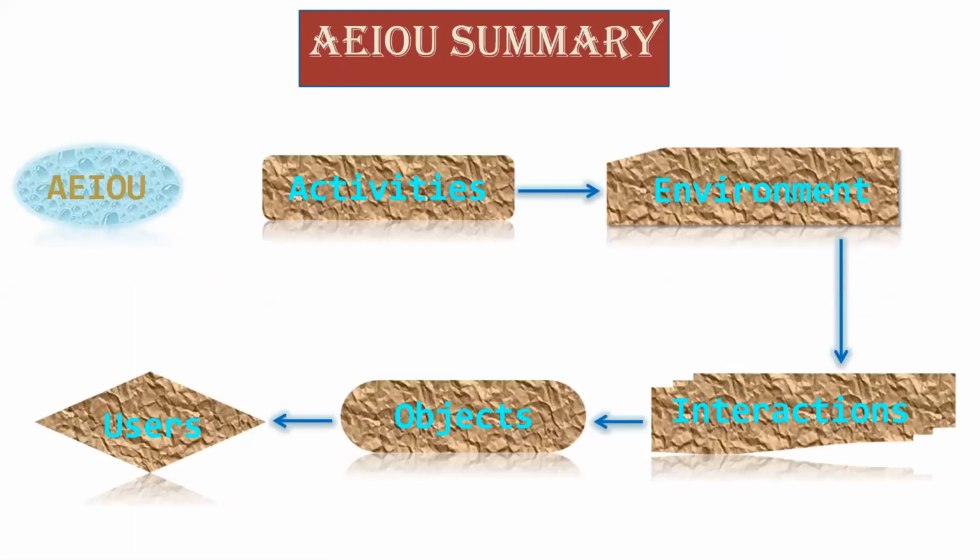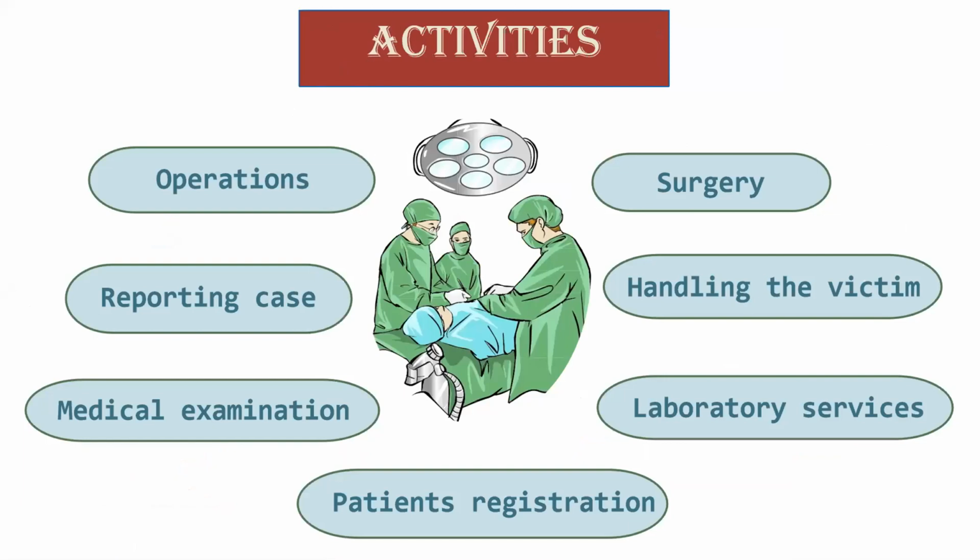Okay, sir. This is our AEIU summary. Here we take the activities, environment, interaction, objects, and users. These are the activities done in hospitals: operations, reporting cases, medical examination, patient registration, laboratory services, handling victims, and surgeries.